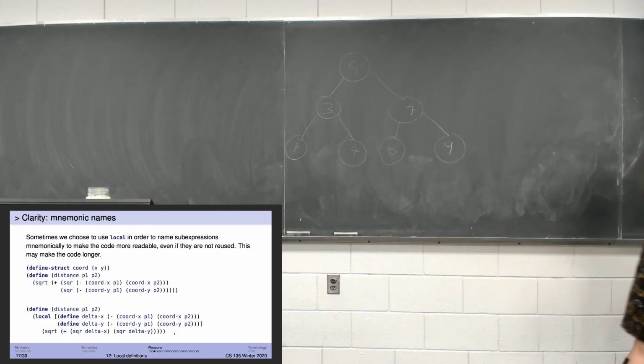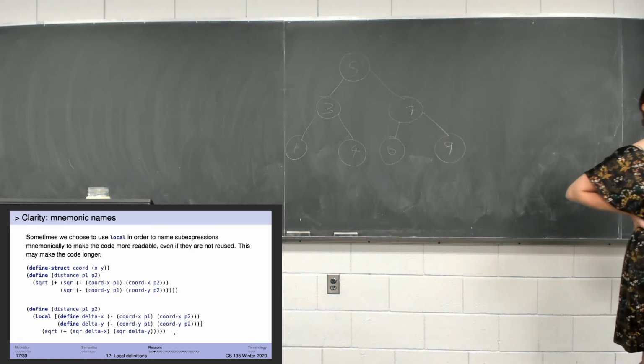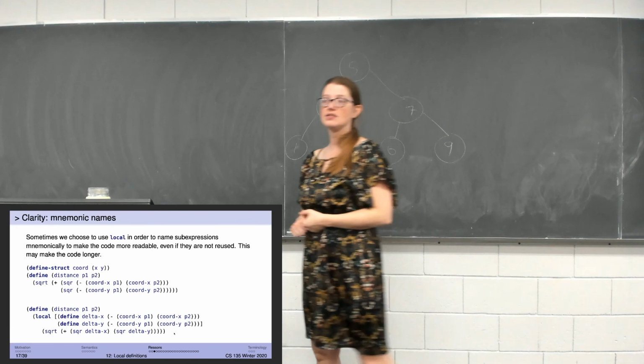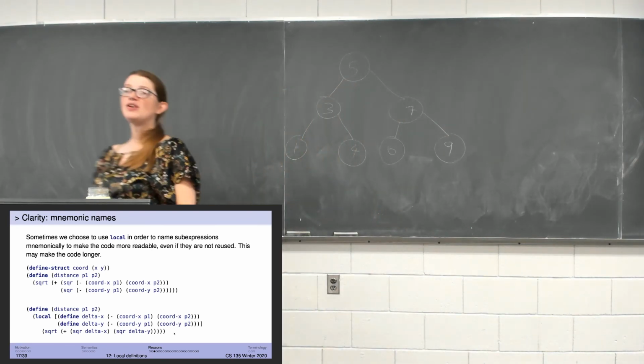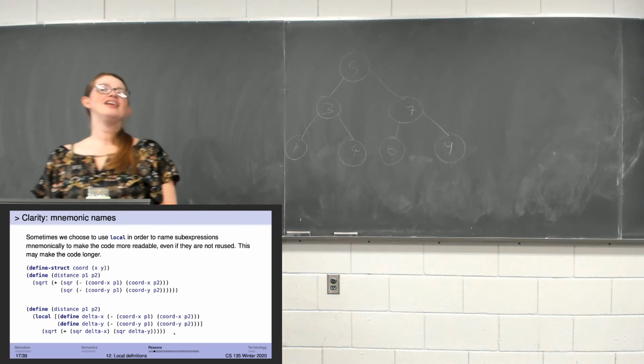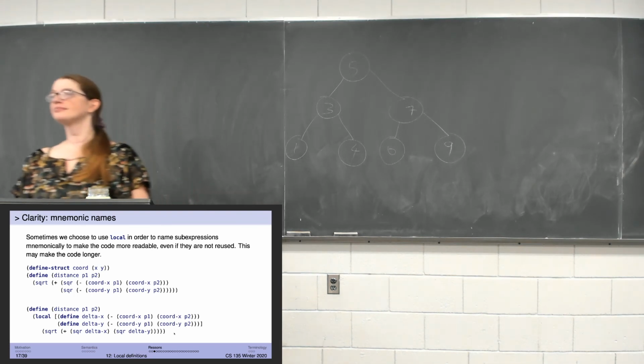And then for the difference in the y coordinates, I've made another local constant for delta y, and then I use those nicely named local constants that are pre-computed in the formula, and now the actual equation is much tidier and more readable. So local can be used to clarify things. Can be. If you use local badly, it's going to look ugly, but you can use local to make things more clear.